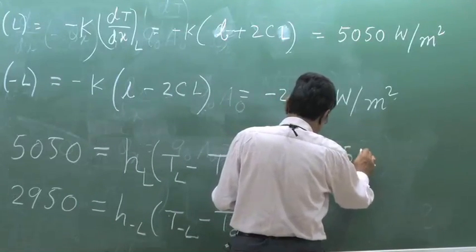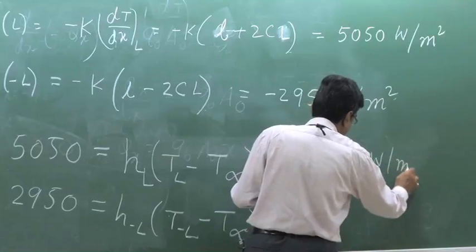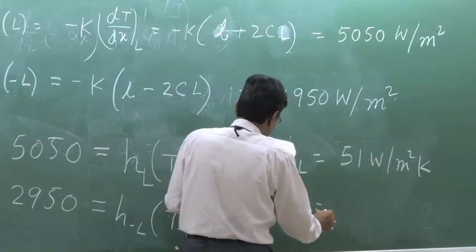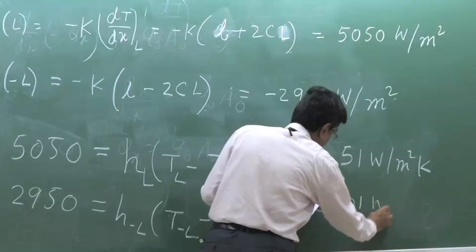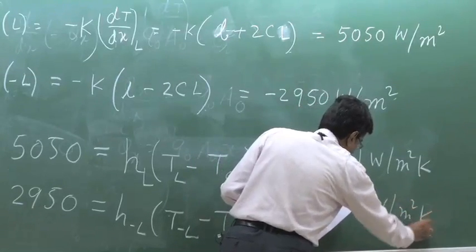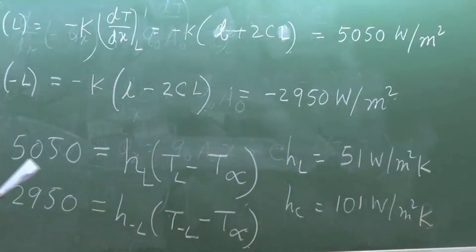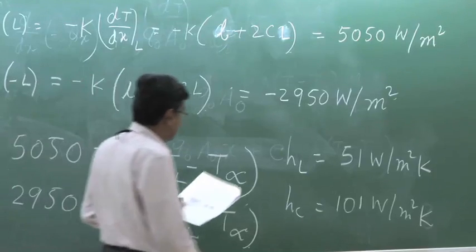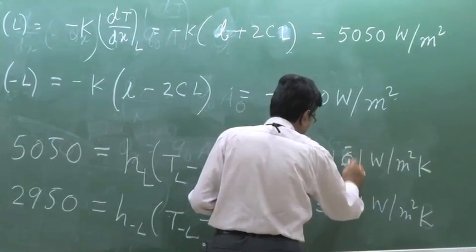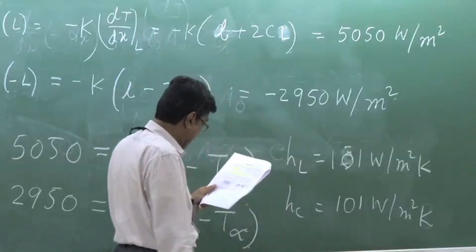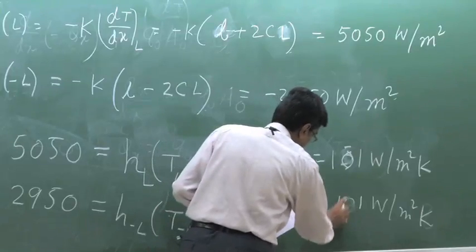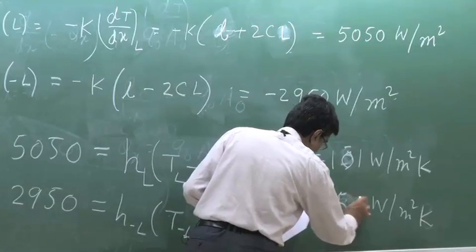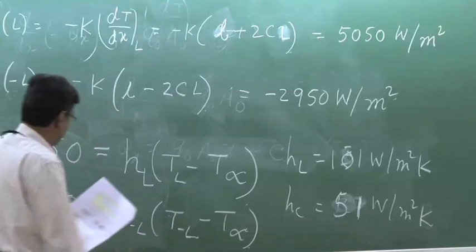If you do it correctly, your answer will be correct. The values are 101 watt per meter square K on the right, that means at plus L, and on the left at minus L, it is 51 watt per meter square K. Sorry, I had done the wrong thing earlier.